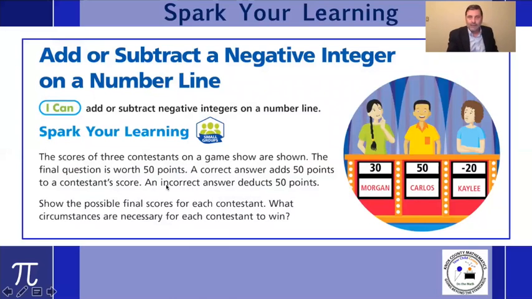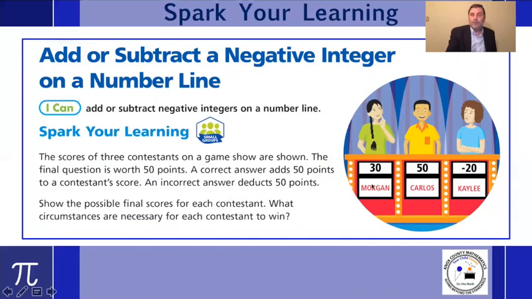An incorrect answer deducts 50 points, which means takes away. Your goal on the number line is to show the possible final scores for each contestant. What circumstances are necessary for each contestant to win? In other words, if Morgan started with 30 and she gets it correct, then what would be her final score? If she gets it incorrect, what would be her final score?